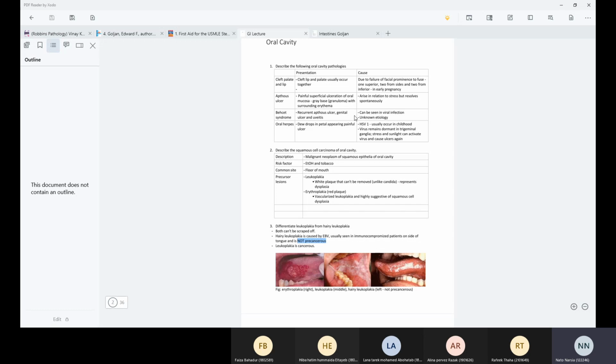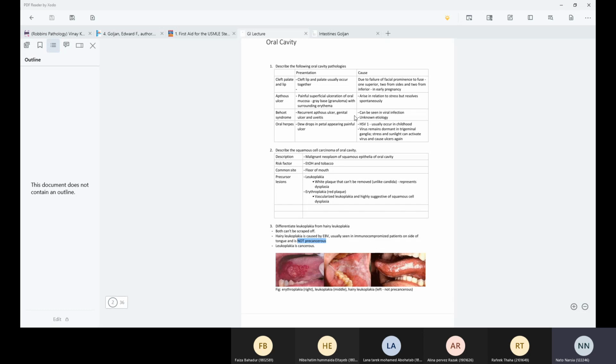The pathogenesis of herpes virus is very interesting and important, and you can read it. Detailed pathogenesis is explained in Robbins if you want it. And in Golian, you have short information about it, but you need to know what is important about this herpes virus.